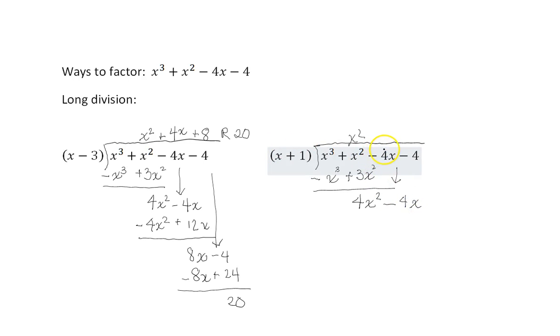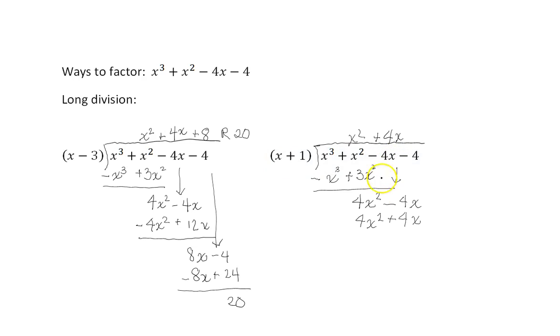So now I need to address the positive 4x. Right, so 4x times x is going to be 4x squared. And then I have 4x times 1, so that's going to be a 4x. And then I'm going to change my sign on everything.